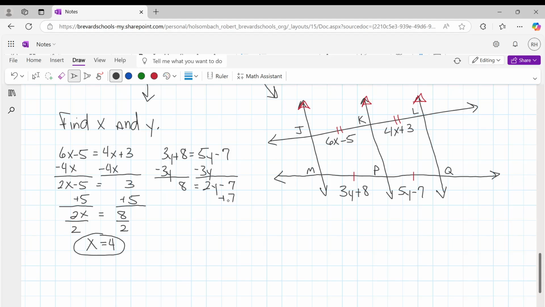Add 7 to each side. So 15 equals 2y, and then divide both sides by 2. So 7.5 is equal to y.